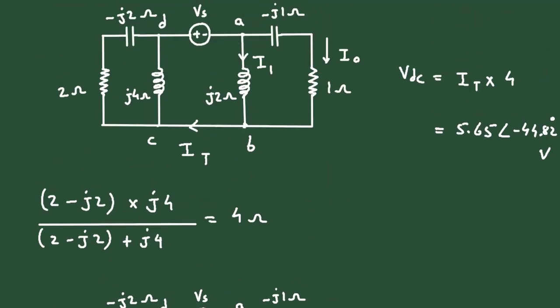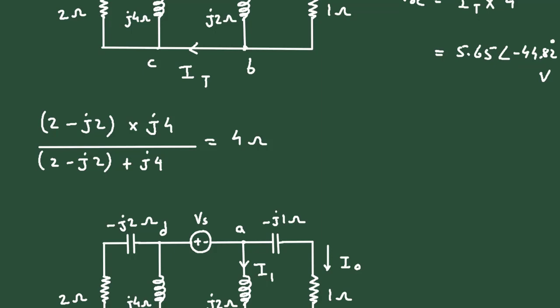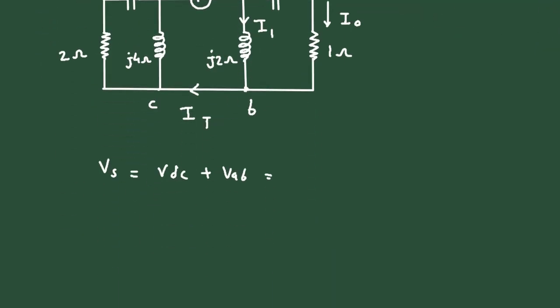The value of VDC is this much, 5.65 at an angle minus 44.82.